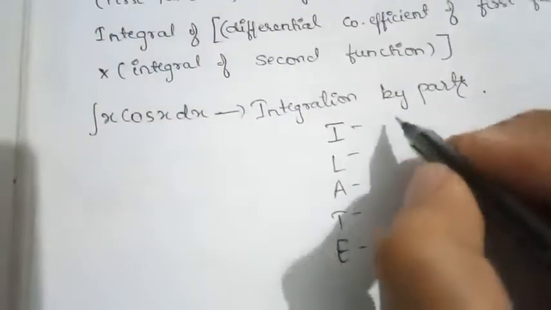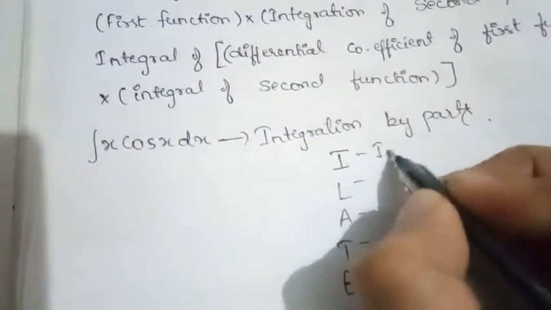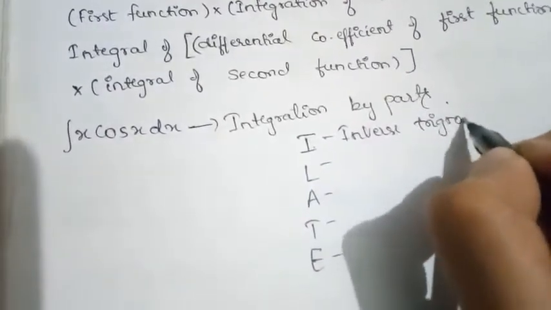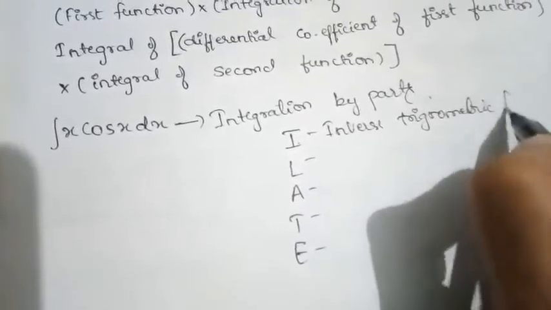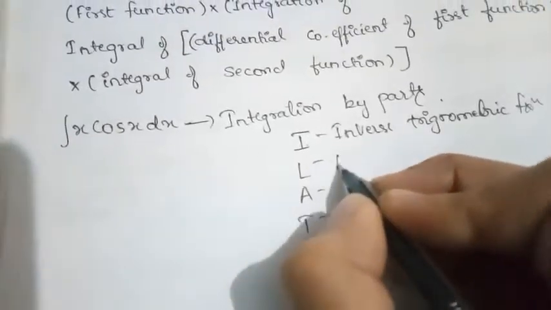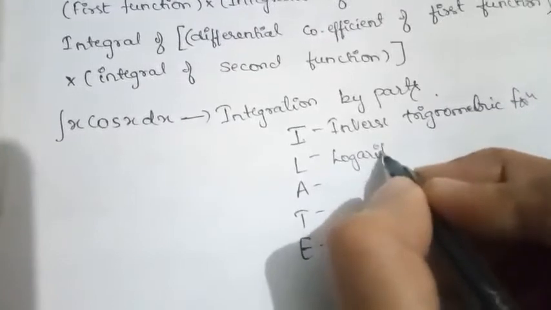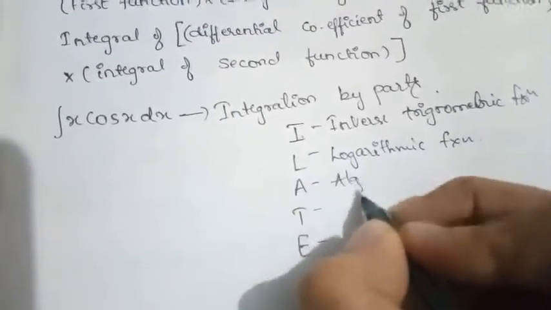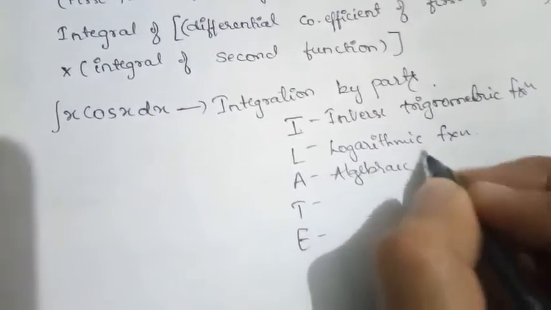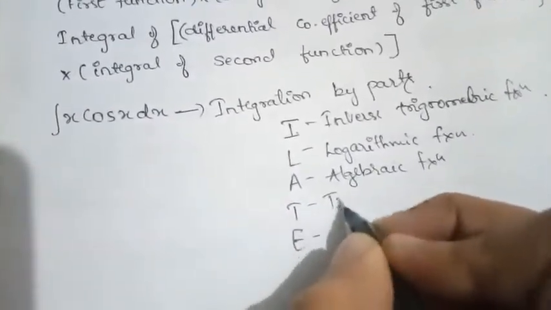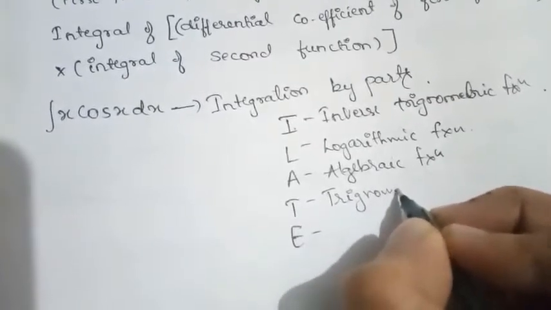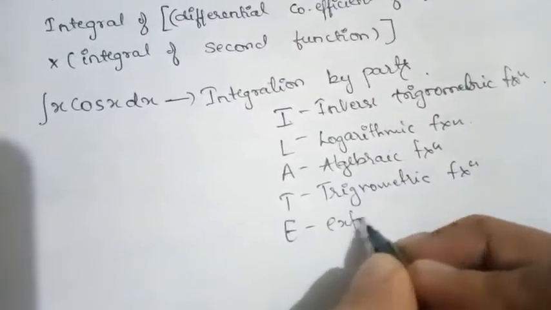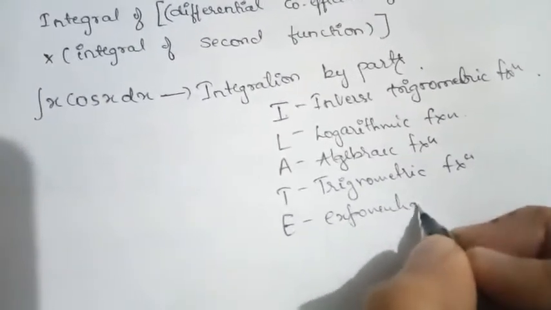What does ILATE stand for? I is inverse trigonometric function. L stands for logarithmic function, A stands for algebraic function, T stands for trigonometric function, and E stands for exponential function.